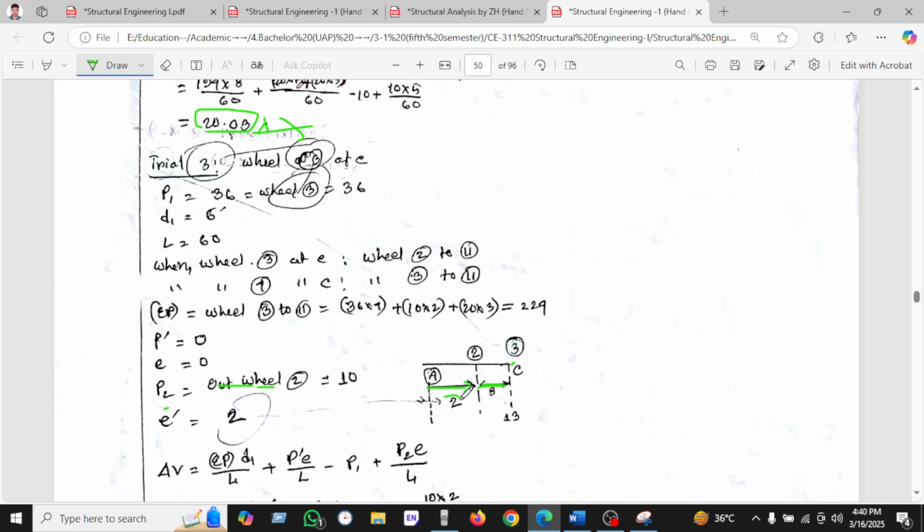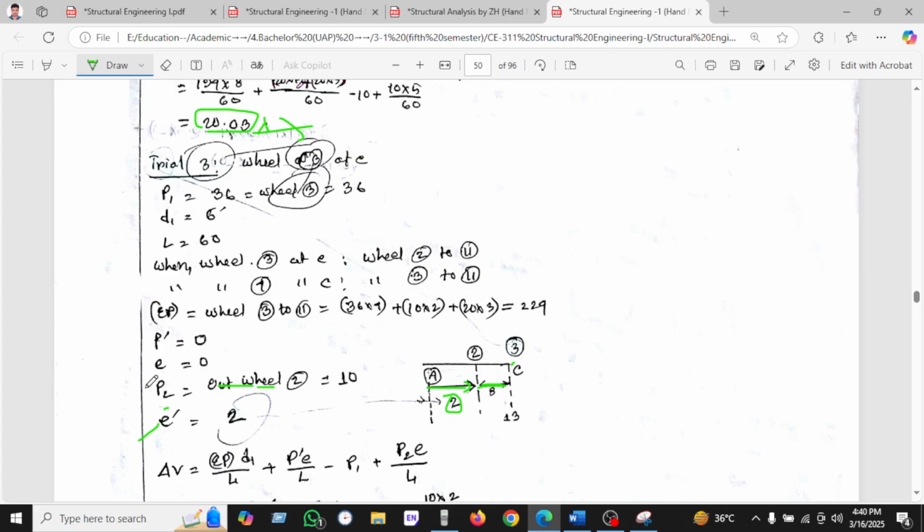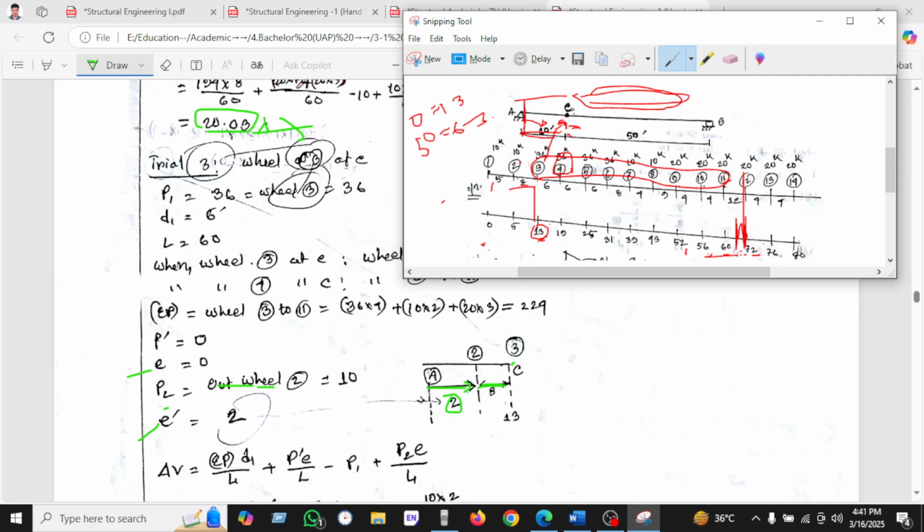So it is important: we have to take the 2 feet from support A to wheel 2. When we take E prime and E, we always take the distance from the support. Previously we have seen, we will take the support.